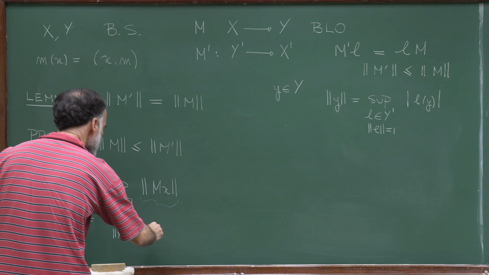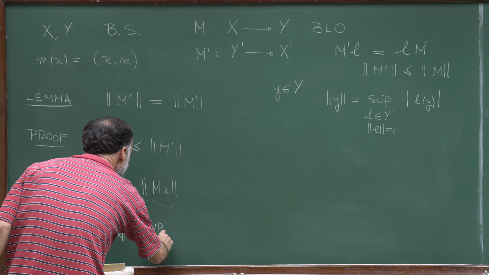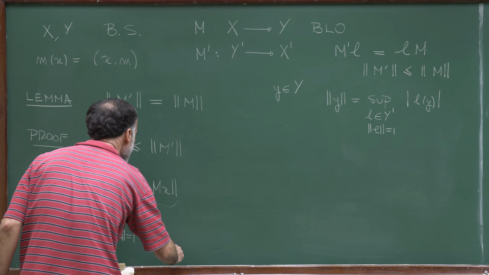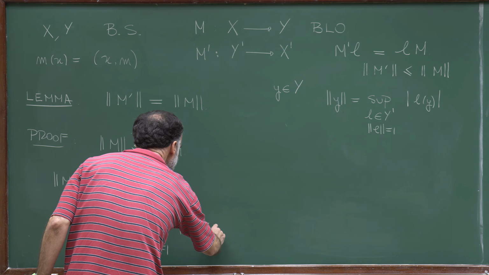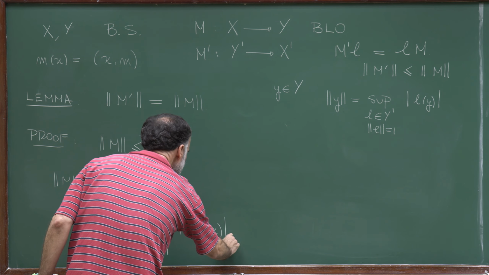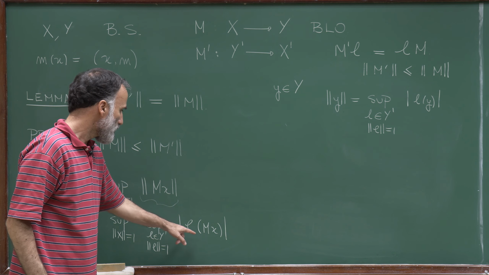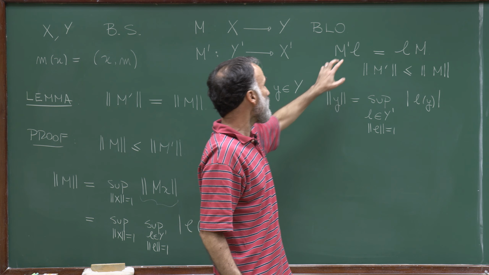And now the supremum for all L in Y prime, L of norm equal to 1, of L applied to Mx. Now L applied to Mx, we have the composition of L with M, and this is exactly M prime L.